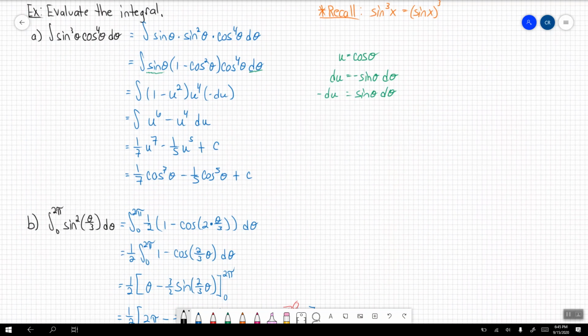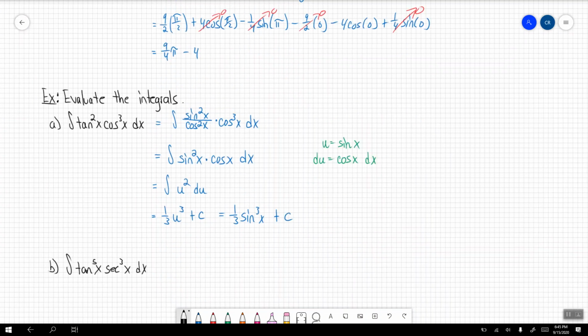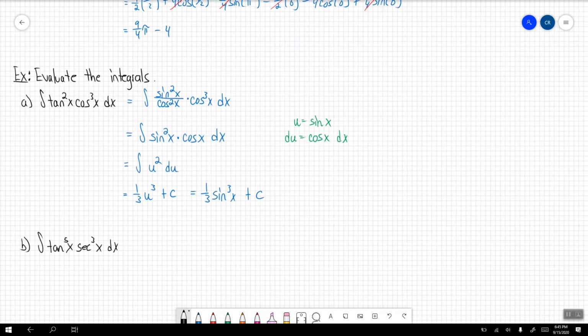We want to factor out a secant x times tangent of x. So let's give that a shot here. This is going to be the integral of secant of x times tangent of x.